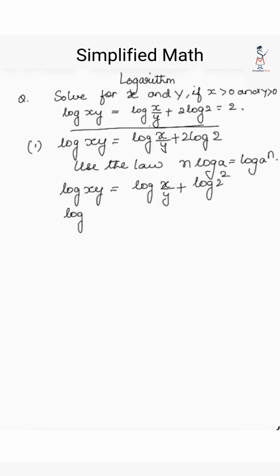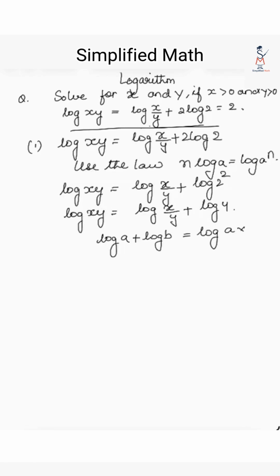Log xy is equal to log x by y plus log 4. Again we will use the law, that is log a plus log b is log a into b. So log xy will remain log xy and this will become log x by y into 4.